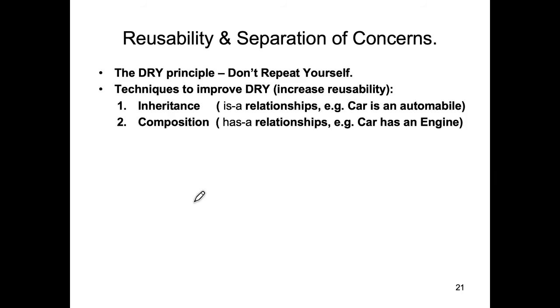Kind of related to all of this is, when you're trying to achieve dryness, as we call it, within our code base, there are two high-level strategies that you can use. One is called inheritance and the other is called composition.